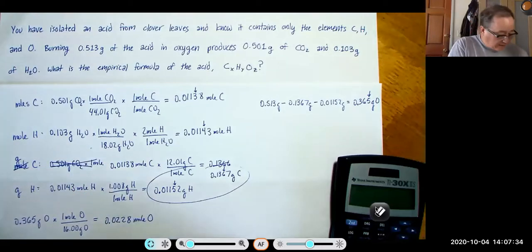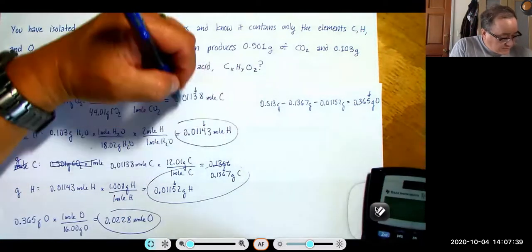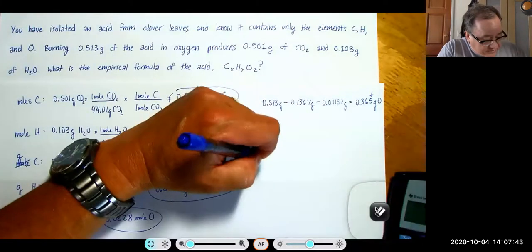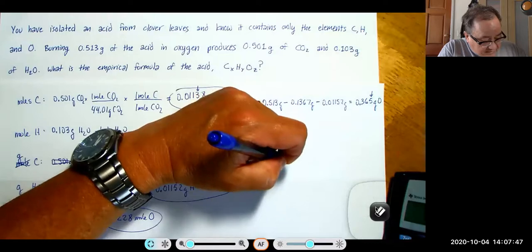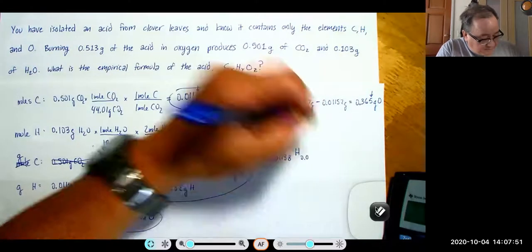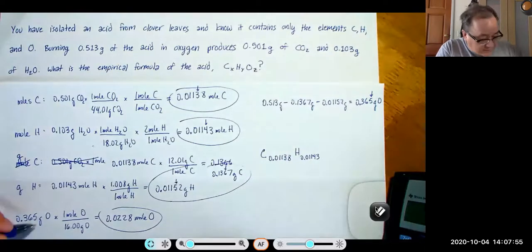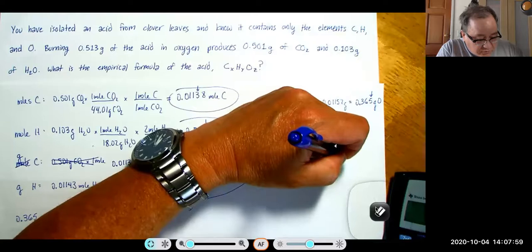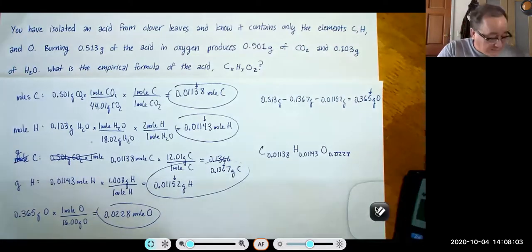So I'm going to take these three numbers that I'm going to circle, and I'm going to write the formula out as follows. C 0.01138, H 0.01143, and oxygen 0.0228. And what am I going to do? I'm going to divide by the smallest.